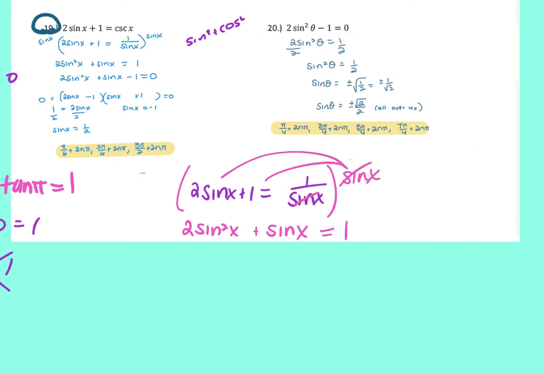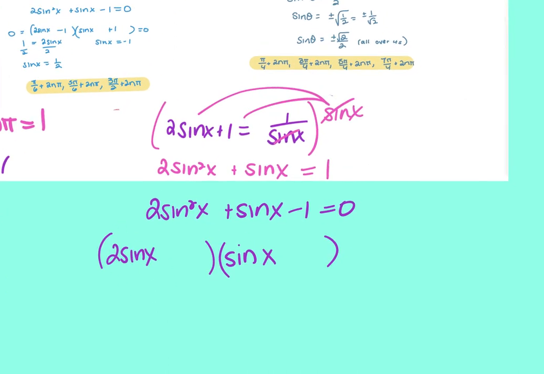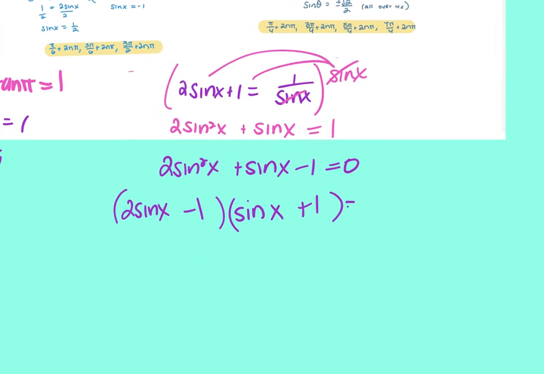Then I have a sine squared and a sine, which means you're getting everything to one side, and you're going to factor it. So 2 sine squared x plus sine of x minus 1 equals 0. Factor it out. You can either do first times last or trial and error like this. It would be a +1 and a -1 here, and then split and solve.